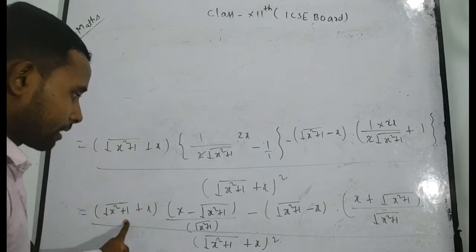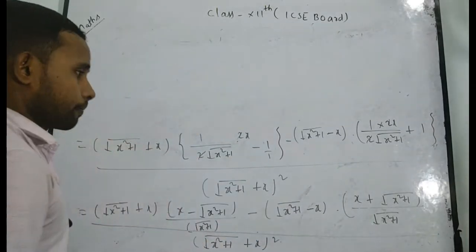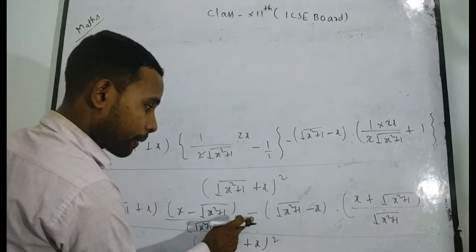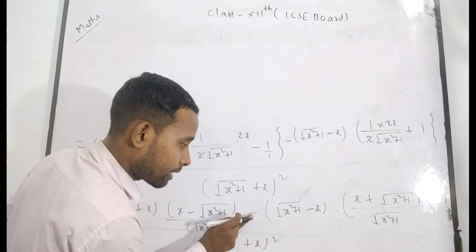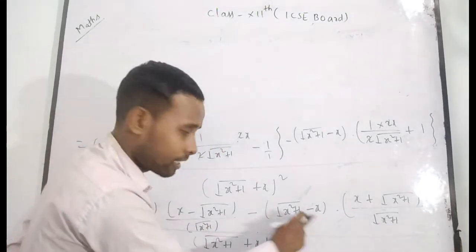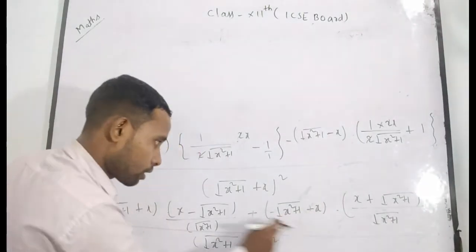if you take minus here, you will get x plus root under x square plus 1, and after including minus in this term, it will be plus, it will be minus. So x minus root under x square plus 1.